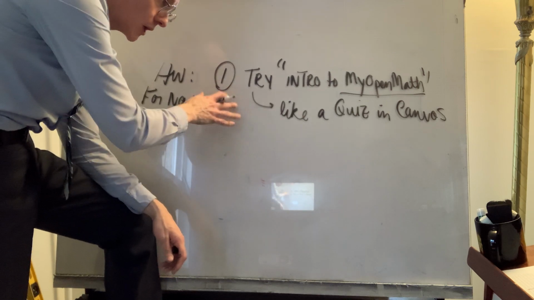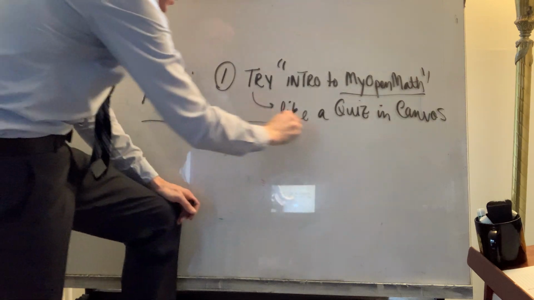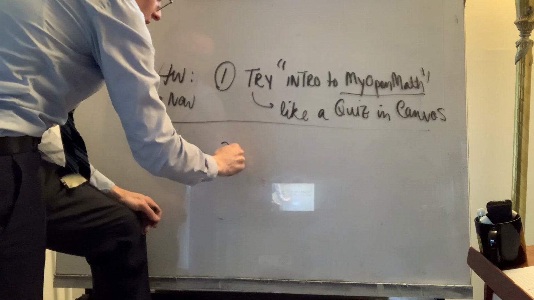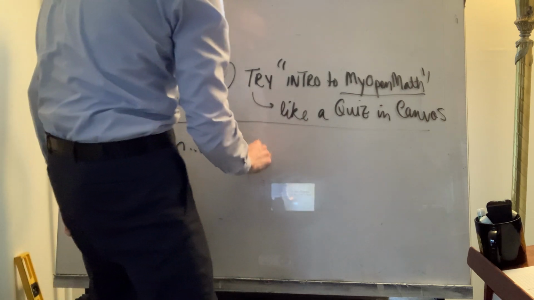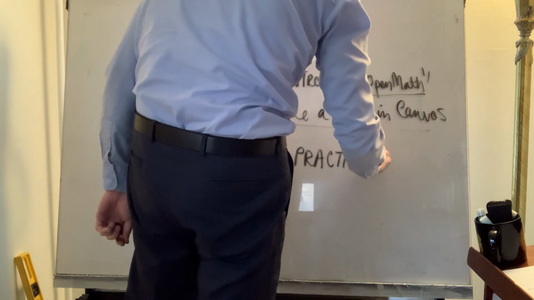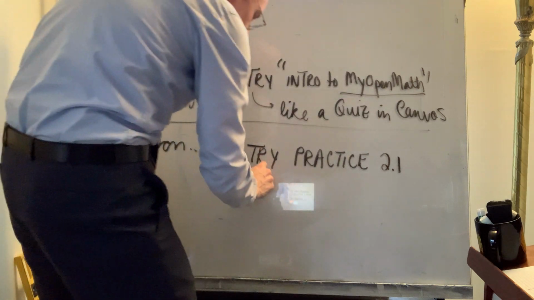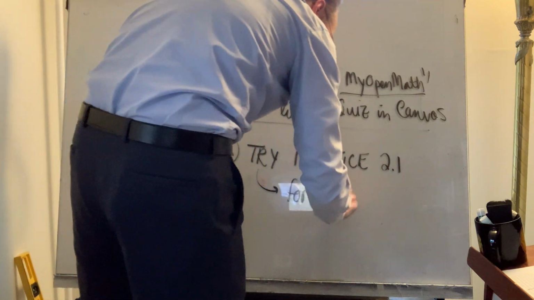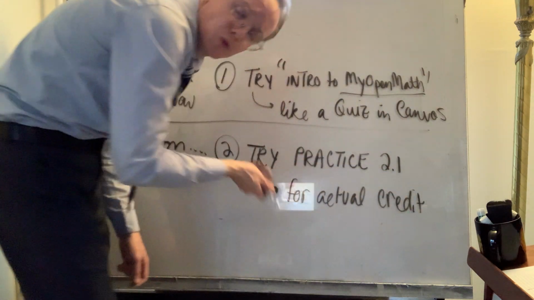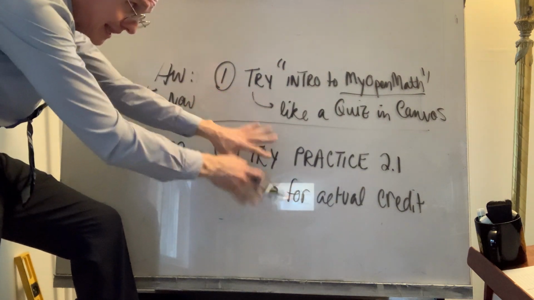What will happen eventually, soon, is I'm going to have you try practice 2.1 for actual credit. I didn't set a date on it, and it's not available to you yet, because I want to see if this works before I give you that. But that's the plan, long term.